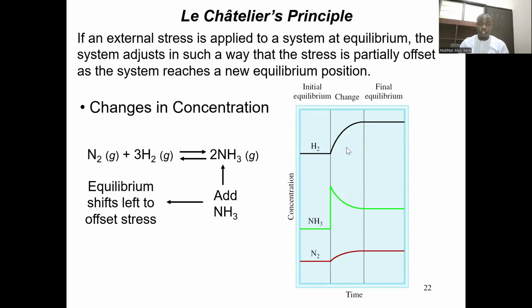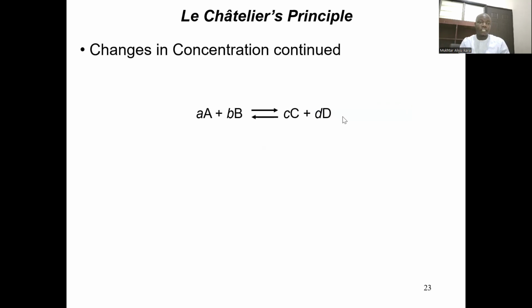That is why, look at it, the concentration of nitrogen will increase, and the concentration of hydrogen will also increase. But the concentration of the product, since it is the one that was increased at the initial stage, will start decreasing until they reach a final equilibrium state.